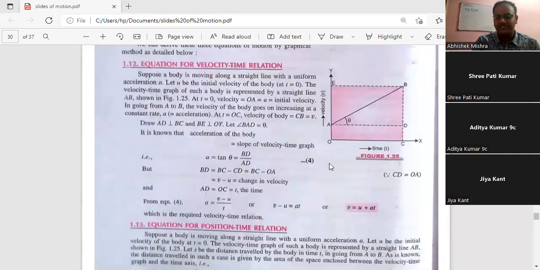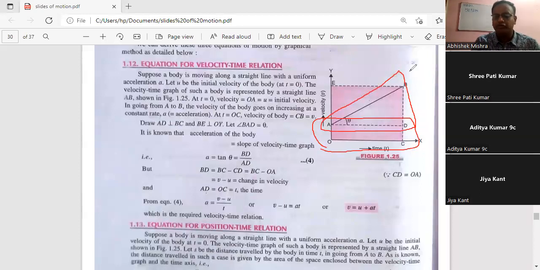In this area, you have one rectangle, OADC, plus the area of the triangle BAD. If we sum up their areas, then we can get the distance traveled by the body.